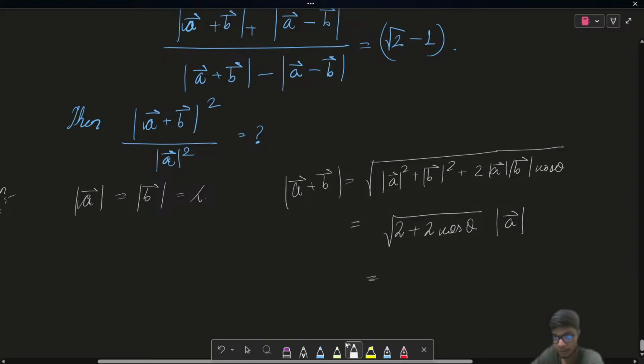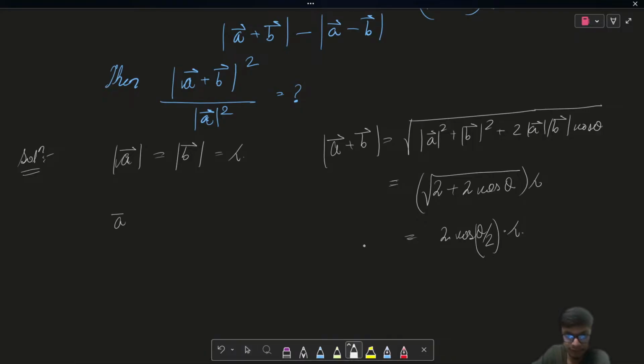Applying the identity, 1 plus cosine theta is 2 times cosine square theta by 2, so this result will be 2 times cosine of theta by 2 into lambda.